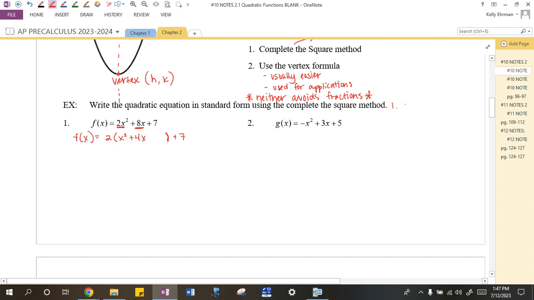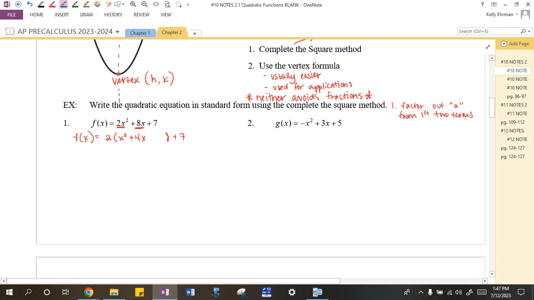So for that first step, I'm going to say factor out a from, let's just say, the first two terms, assuming the thing is in its standard polynomial form, in order. Okay, and then step 2 is the actual complete the square step.